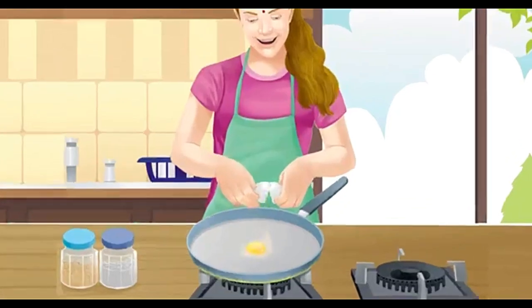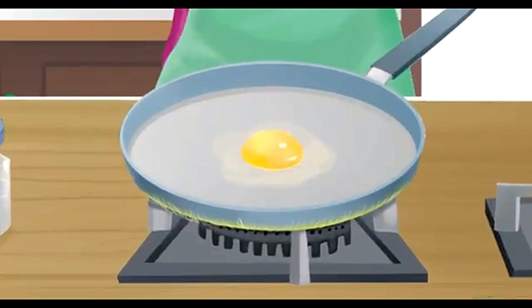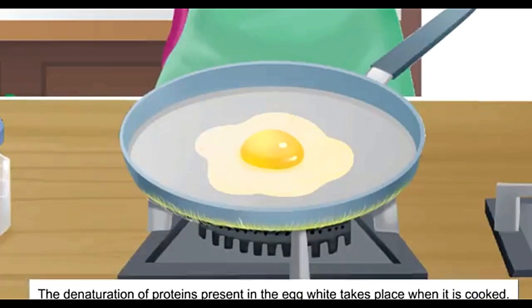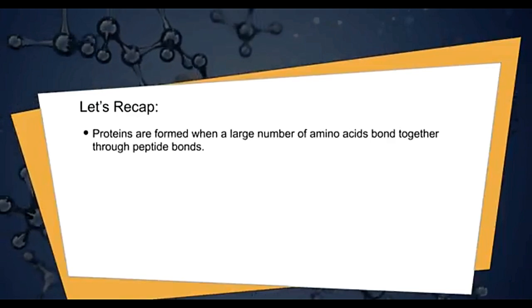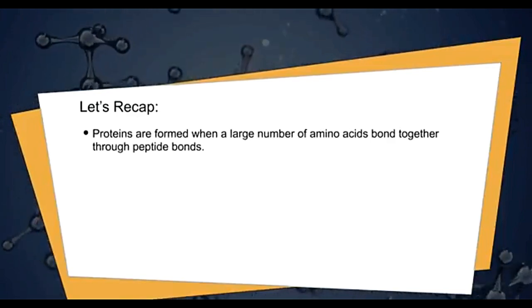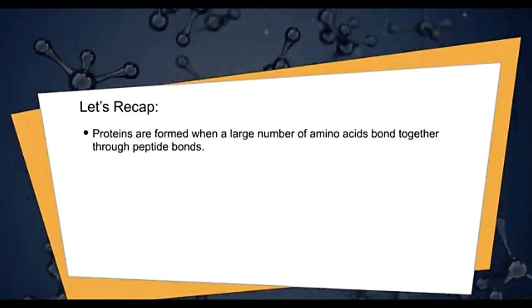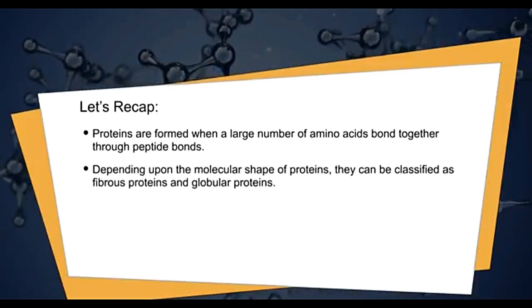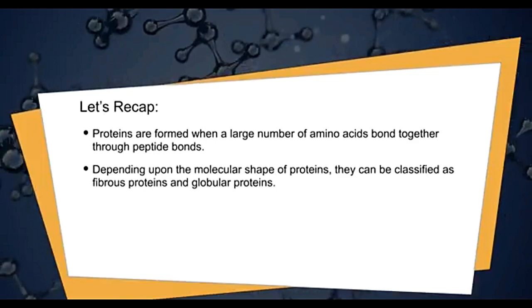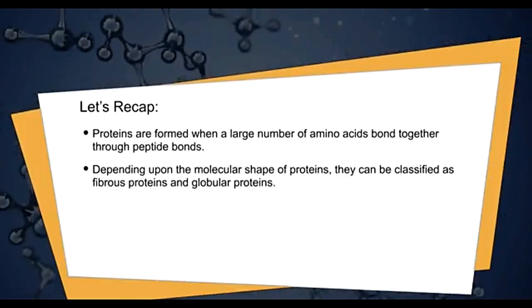When we cook an egg, the egg white gets coagulated. This is because of the denaturation of proteins present in the egg white. Let's recap. Proteins are formed when a large number of amino acids bond together through peptide bonds. Depending upon the molecular shape of proteins, they can be classified as fibrous proteins and globular proteins.